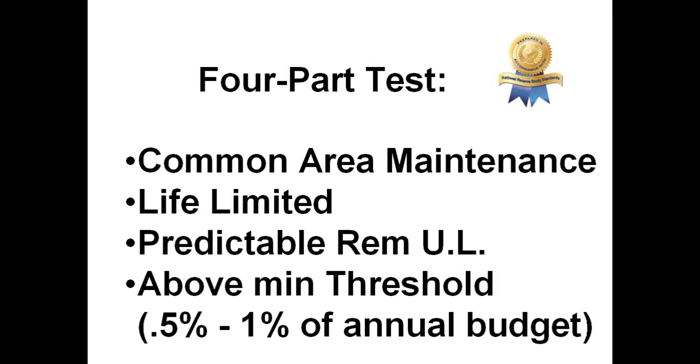Now what we see is typically that's the board or the manager's signature authority, and for those of you who are managers or board members, you'll find that typically about 0.5% or 1% of the association's annual budget.